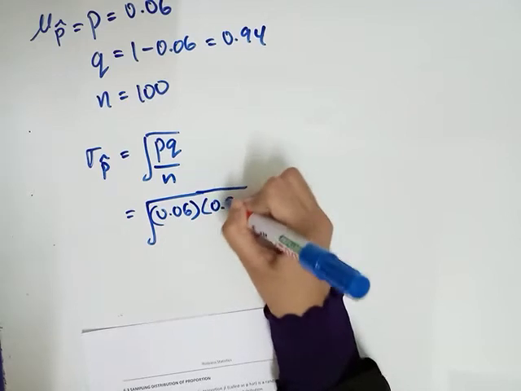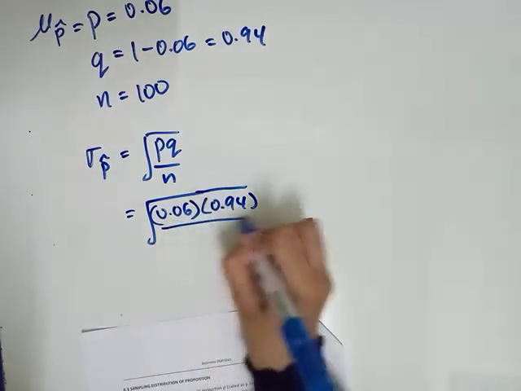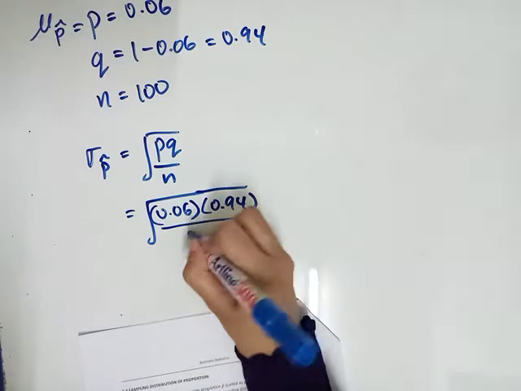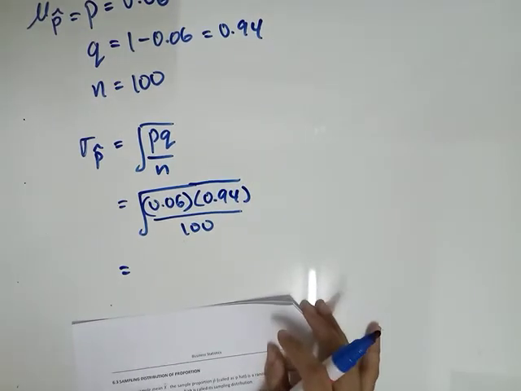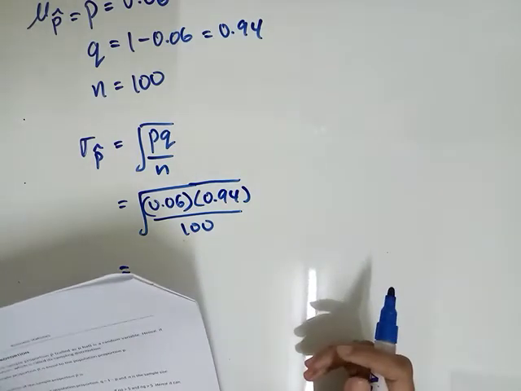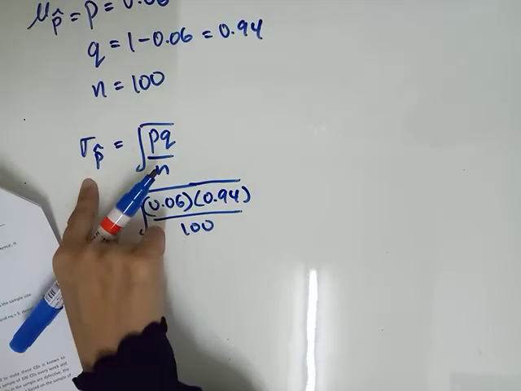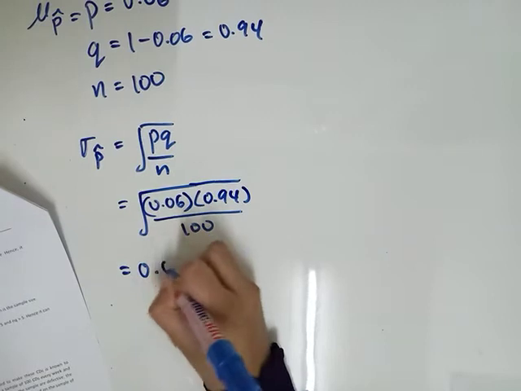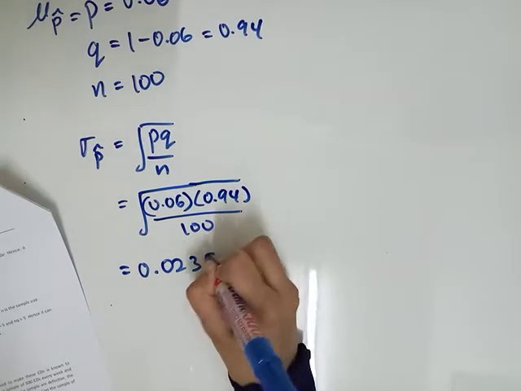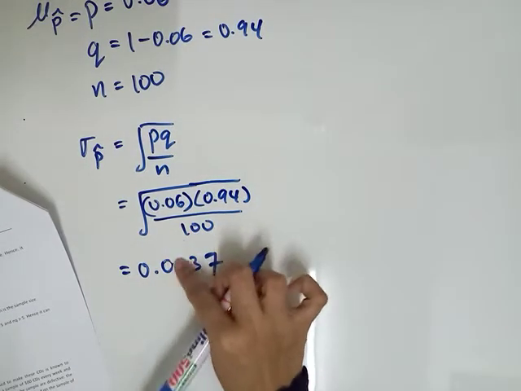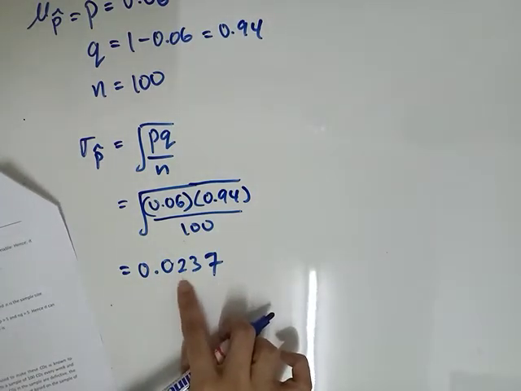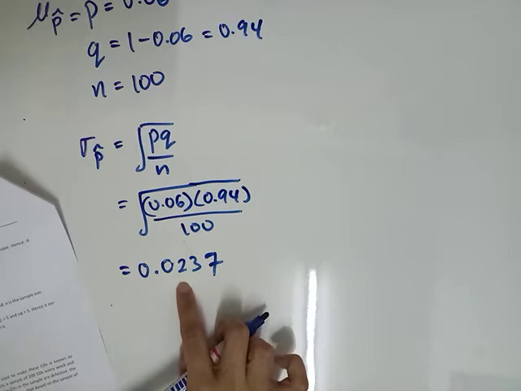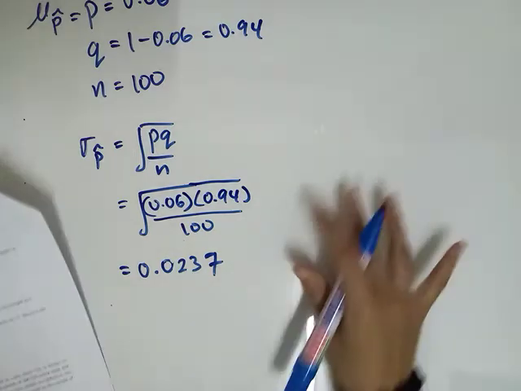You have to multiply and then divide it by N, N is 100. And then you have to calculate. How do you get? The value for the standard deviation of the sample proportion is 0.0237. You cuba calculate, dapat tak jawapan? 0.0237.